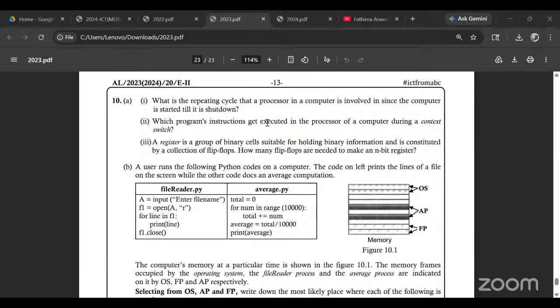What is the repeating cycle that the processor in a computer is involved in from its start till its shutdown? Let's see. Ajmal, Nazla, Mushrifa, Abdullah, answers. Let's see how many can get it right.